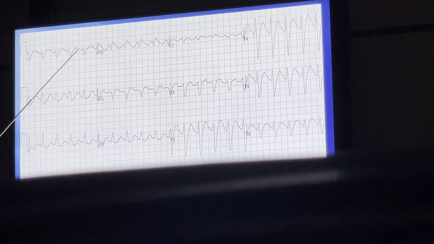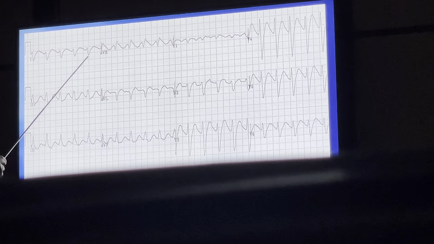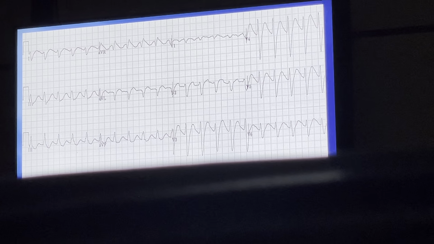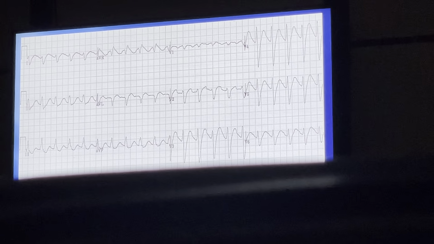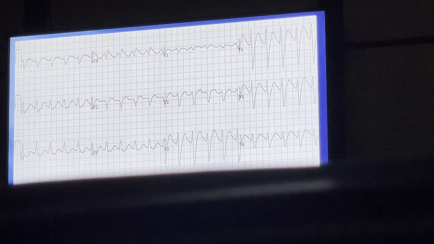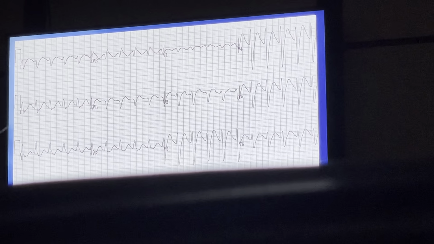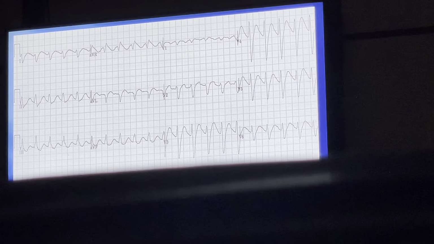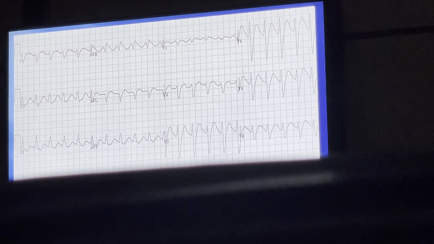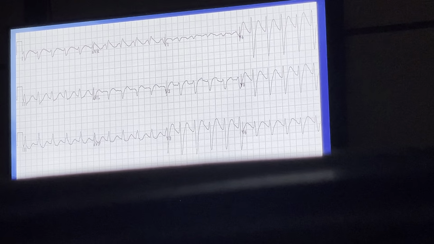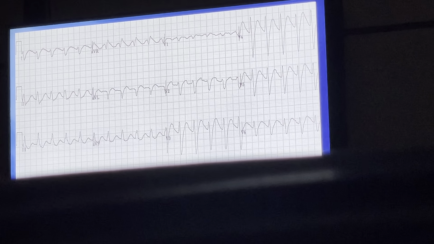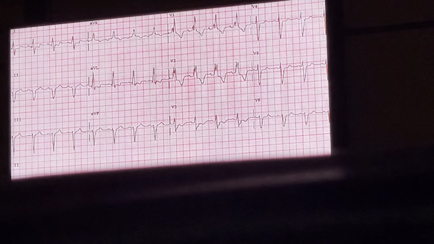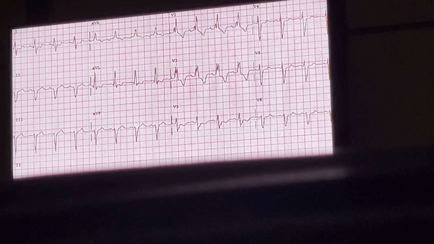But if there is QR, then because the terminal portions are towards the left side, there is a dominant R wave, this is left bundle branch block. Here, the terminal portion has an S wave. So this is not following the right bundle, not following the left bundle, this is an interventricular conduction defect. Next. So what is this?